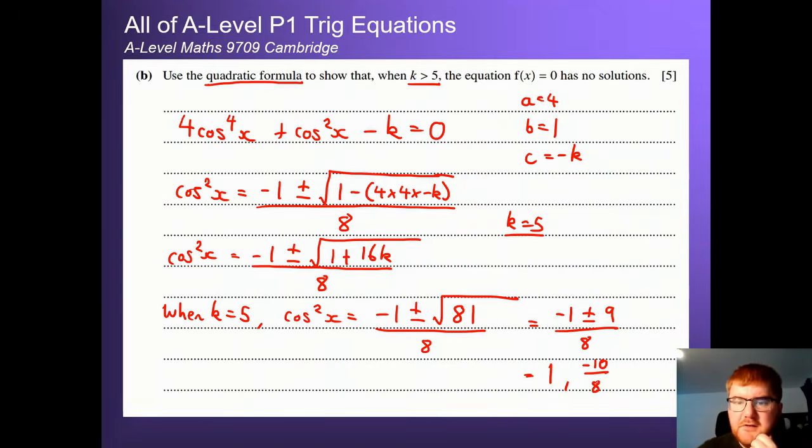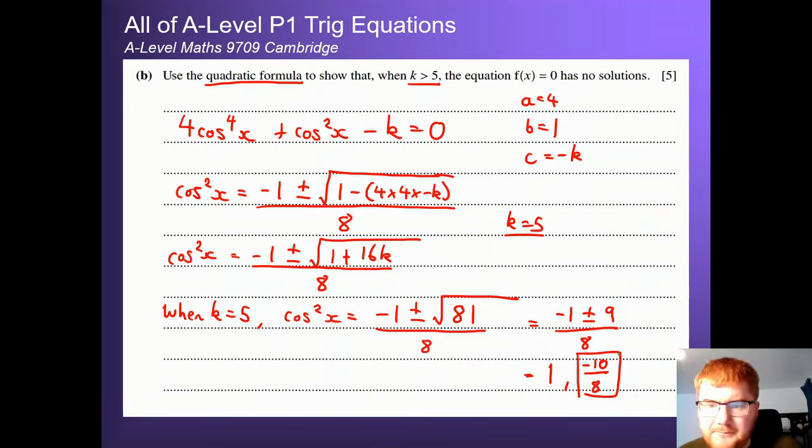So the first one to notice here is when we have minus 10 over 8. Notice with a cosine squared function, we expect it to go between basically 1. Generally, a cosine function goes between minus 1 and 1. So a cos squared function, we just want to make sure that it doesn't go beyond 1.